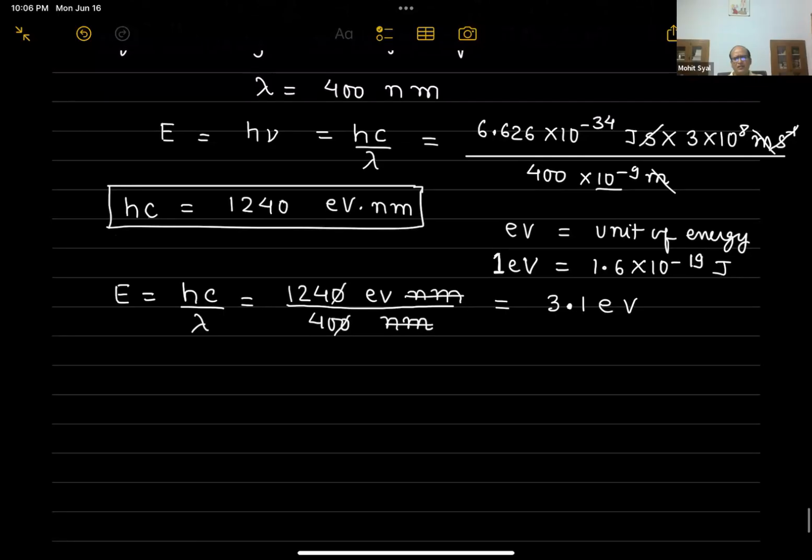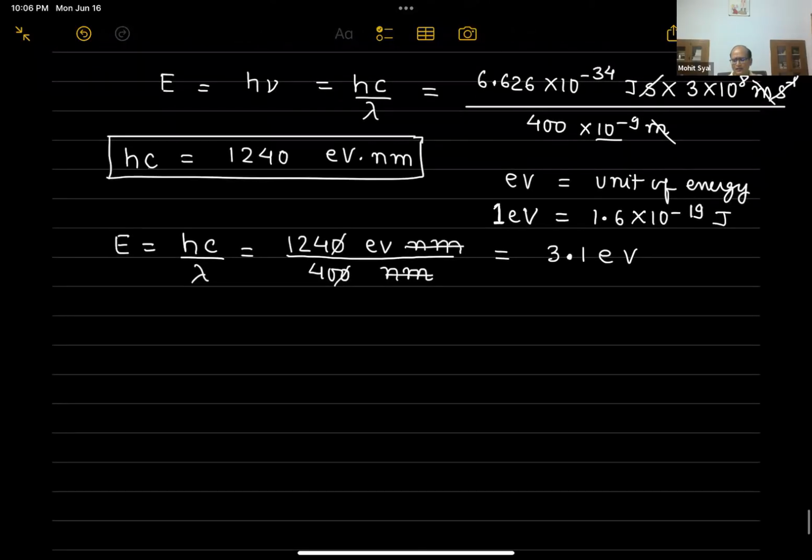Let me take another example. Suppose there is a bulb of 100 watt. It emits monochromatic light of wavelength 400 nanometer.